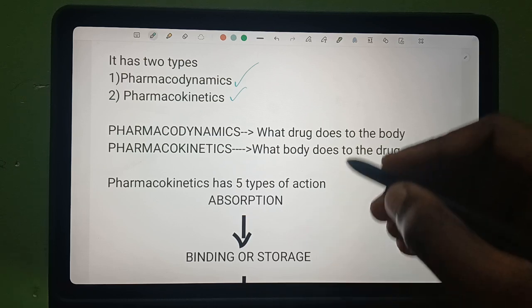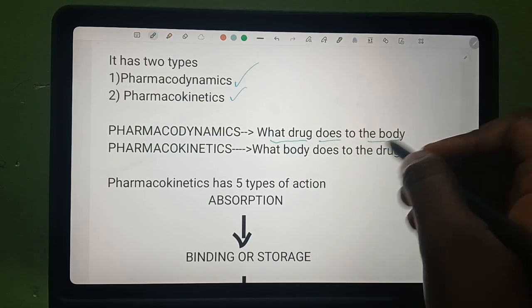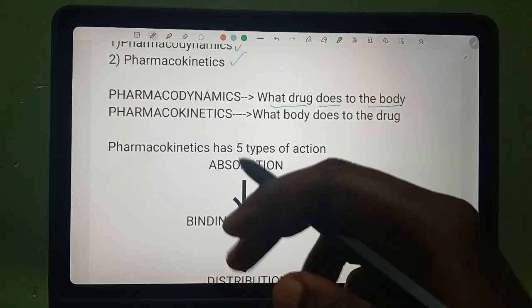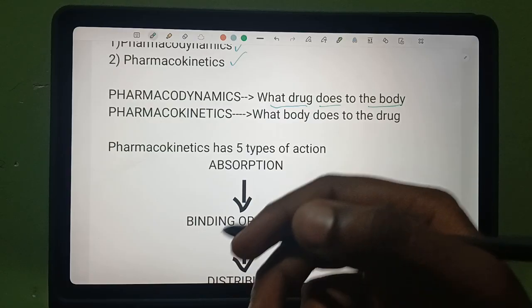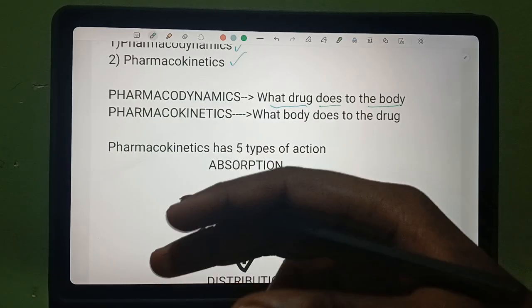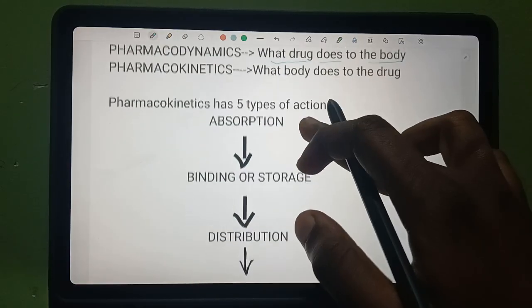Pharmacodynamics means what the drug does to the body. That means if we take a medicine or a drug, what is the action of the drug on the body after taking it, what the drug does to the body. That is known as pharmacodynamics.